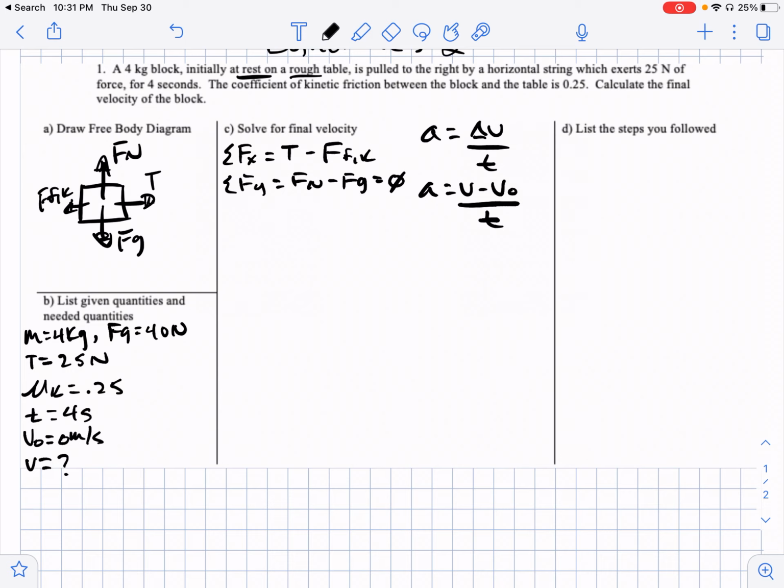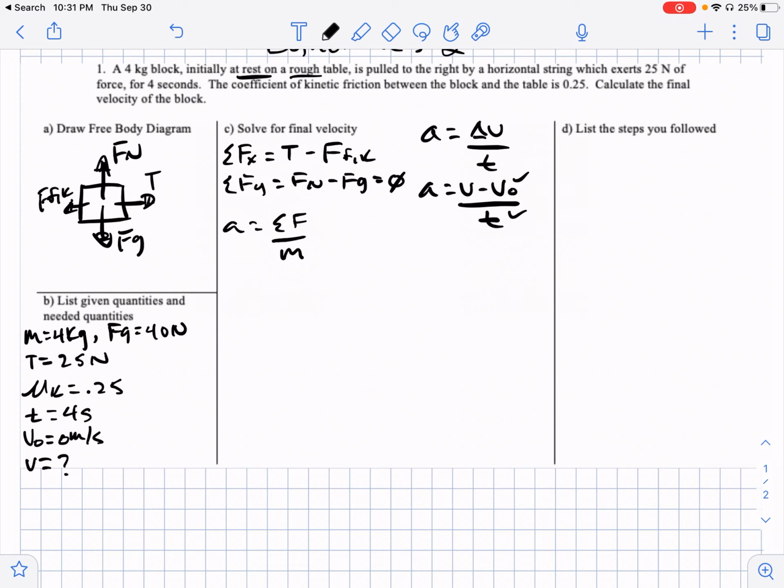So this equation will help me solve for my final velocity. And looking at it, I know the initial velocity, and I know my time, but I don't know the acceleration. So to find my acceleration, I'm going to have to use Newton's second law. Newton's second law says that it's equal to my net force divided by the mass.